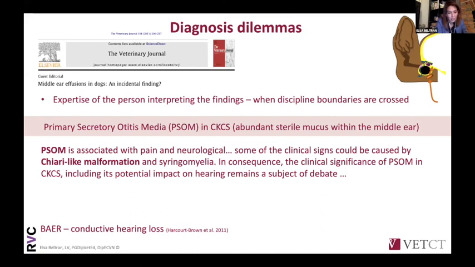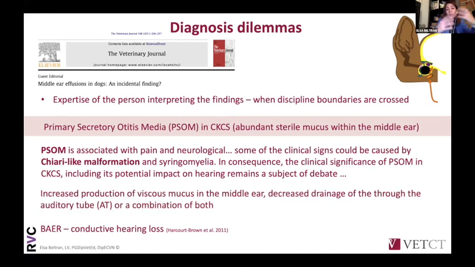And this is a nice study back in 2011 by Harcourt-Brown, where they evaluated the hearing in these Cavaliers with primary secretory otitis media, and although the owners didn't perceive any hearing loss, we saw on the brainstem auditory evoked response, which is a very objective measurement of the hearing, that all of them had a decrease and had a degree of conductive hearing loss.